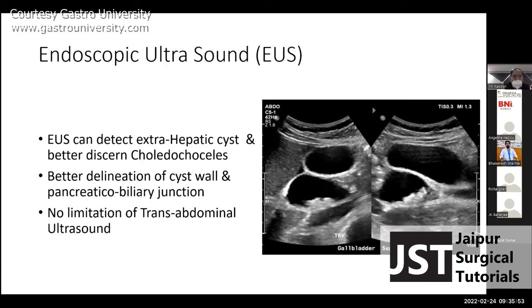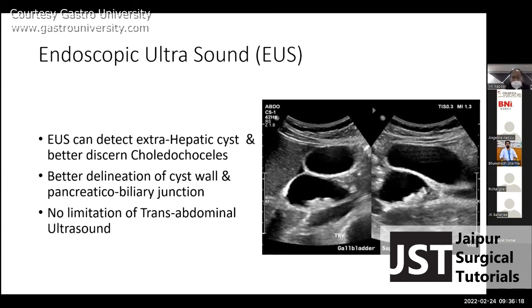Endoscopic ultrasound. EUS can detect extrahepatic cyst and better discern the choledochocele, with better delineation of the cyst wall and pancreatico-biliary junction, and it does not have the limitations of transabdominal ultrasound.